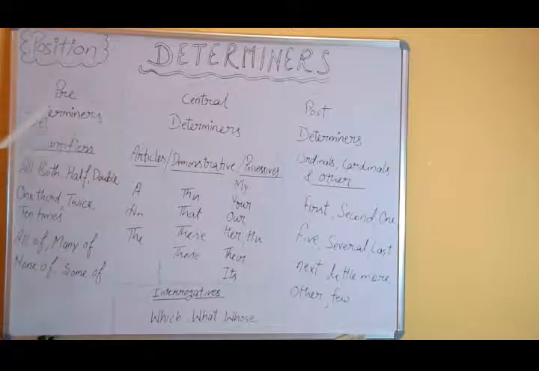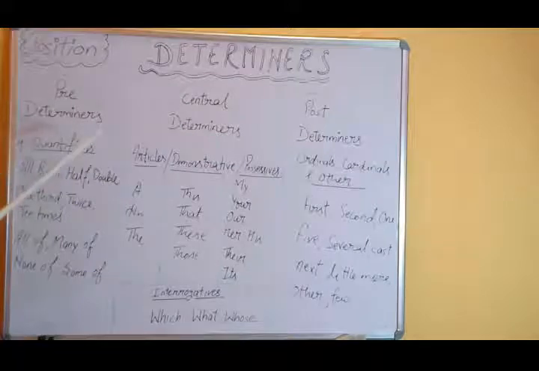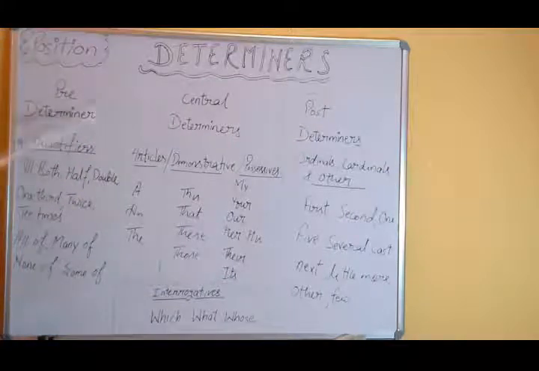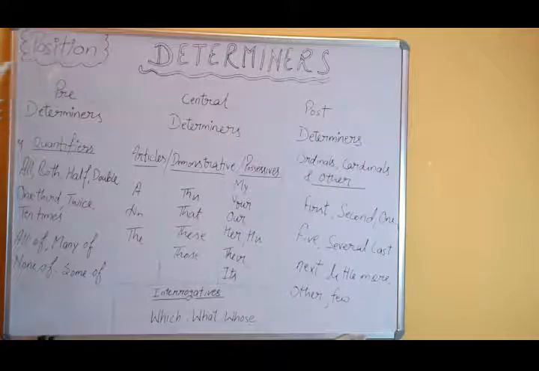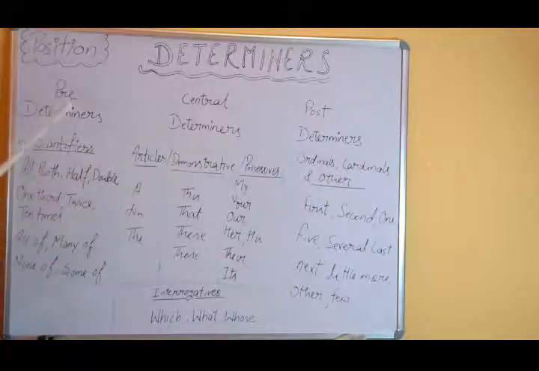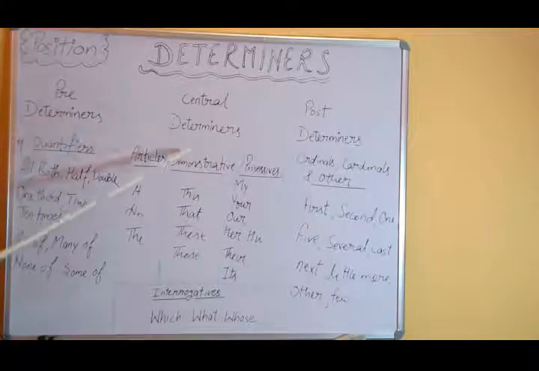If there are two determiners, predeterminers and central determiners, then the sequence will be predeterminer plus central determiner and noun. For example, all of the boys, सभी लड़के, all of the boys, then the position is predeterminer, central determiner and noun.